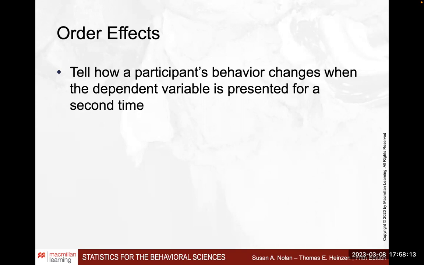Remember the example of the wellness program, where individuals are enrolled in either receiving a wellness program or not receiving one. Let's assume you have a scenario where you have no wellness program and then wellness program, and then another group where you do wellness program and then no wellness program.